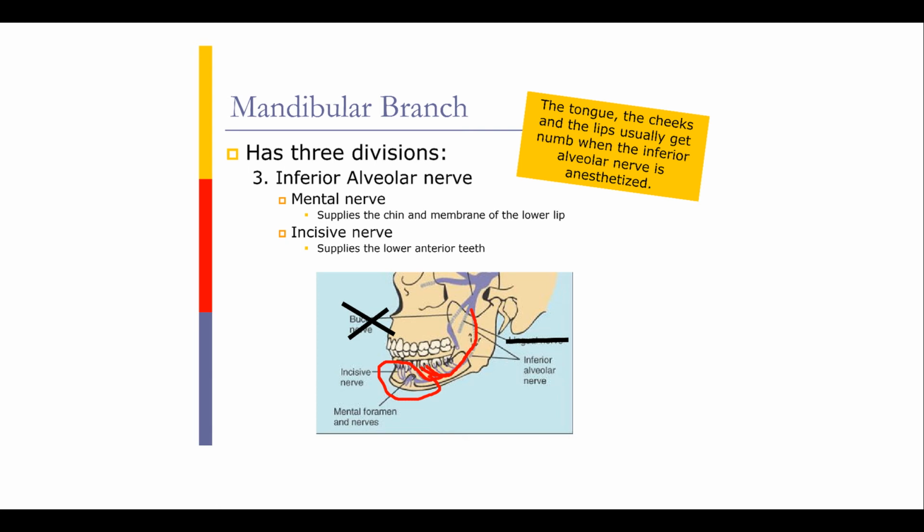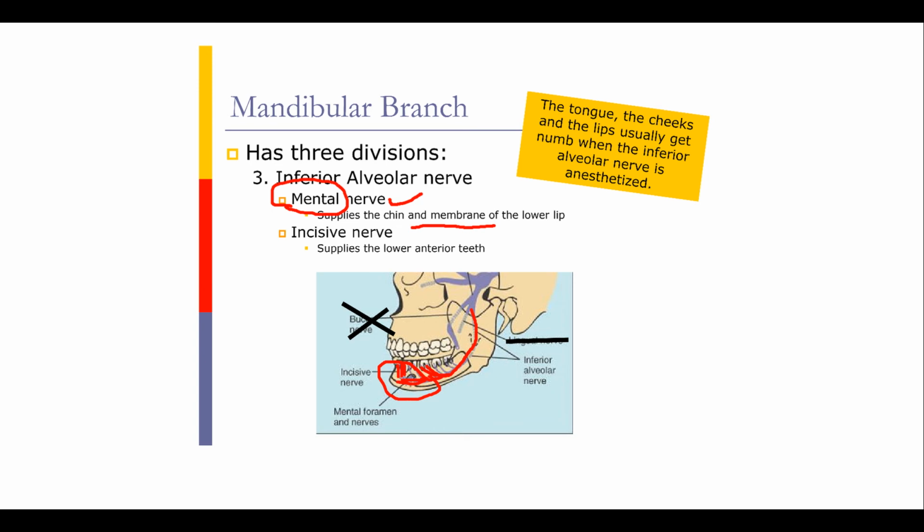One of them is the mental nerve, and we already have the word mental, so you can imagine where that goes to. The mental nerve supplies the chin and membrane of the lower lip. And then the incisive nerve that supplies nerves to the lower anterior teeth. So these lower anterior teeth are actually coming off of a branch of the inferior alveolar nerve called the incisive nerve.